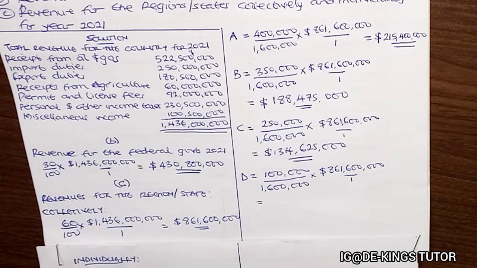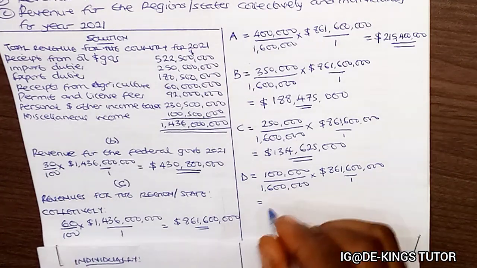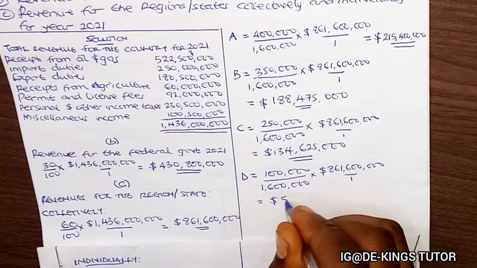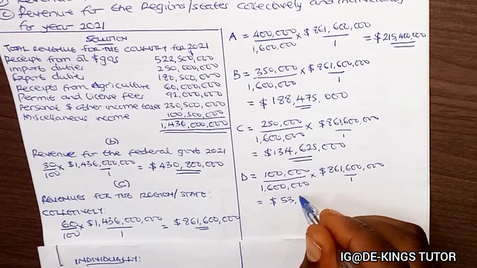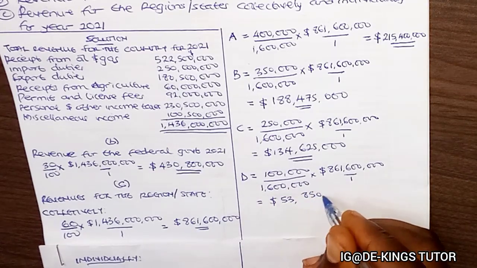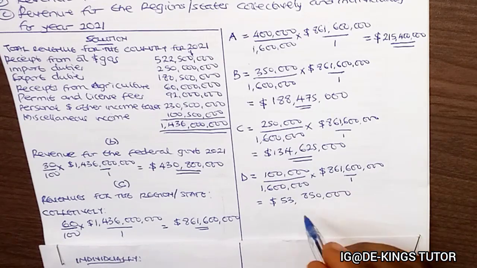From my calculator, this will give us 53,850,000.